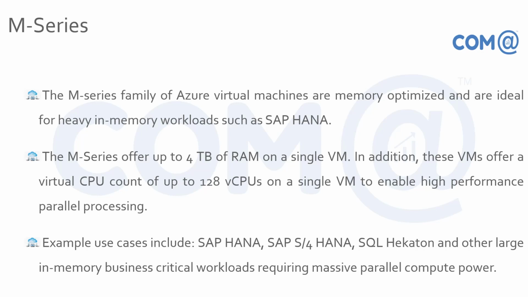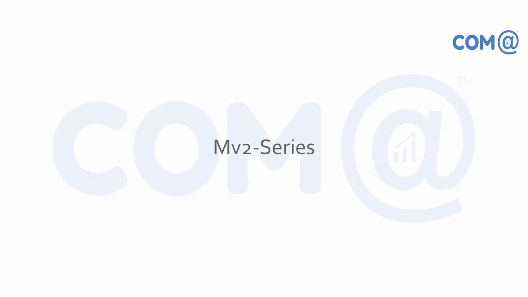In addition, these virtual machines offer a virtual CPU count of up to 128 vCPUs on a single virtual machine to enable high performance parallel processing. Example use cases are SAP HANA, SAP S/4HANA, SQL Hekaton, and other large in-memory business critical workloads requiring massive parallel compute power.